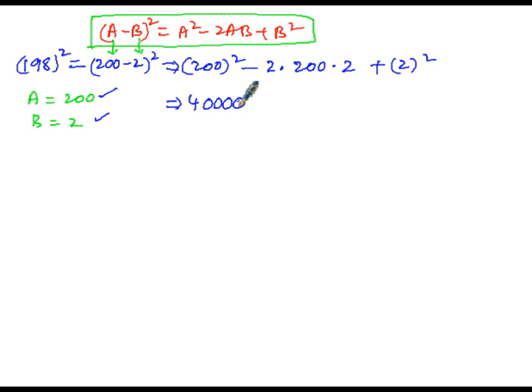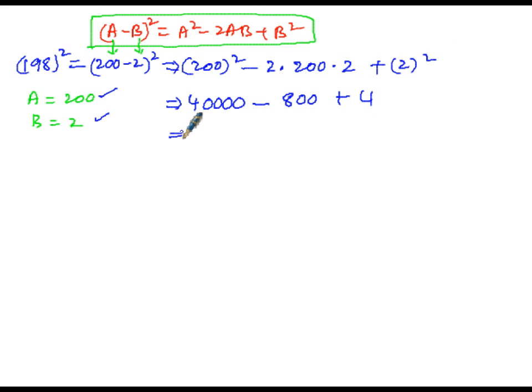Or in other words 200 multiplied twice, 200 into 200 is 40,000, minus 2 into 200 is 400, 400 twos are 800. Then plus 2 square, 2 twos are 4.